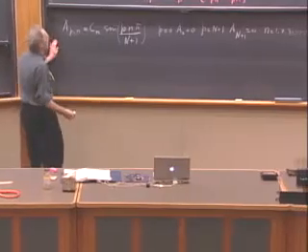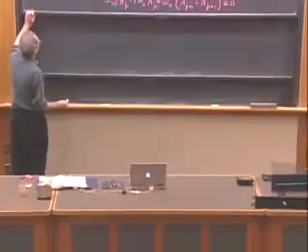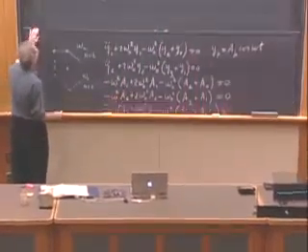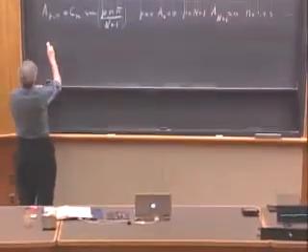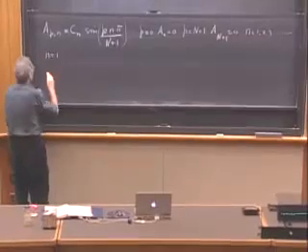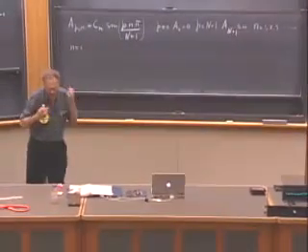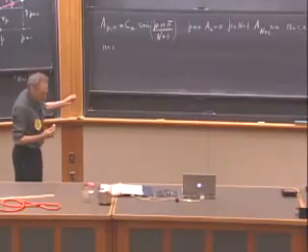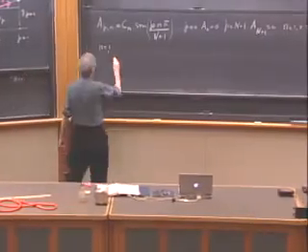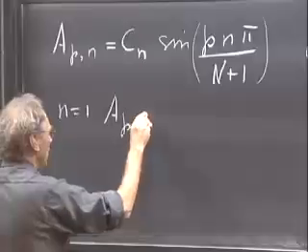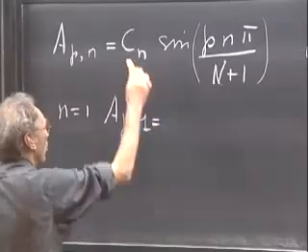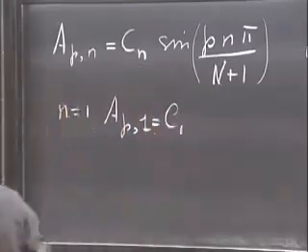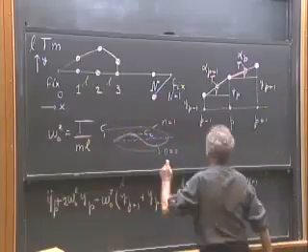For instance, if we take n equals 1, so let's take n equals 1. So we have particles, and they are all in mode 1. So then we get that A, P, in mode 1, would have a C1, which is the amplitude of that sinusoid.